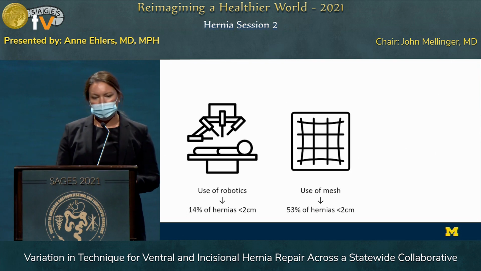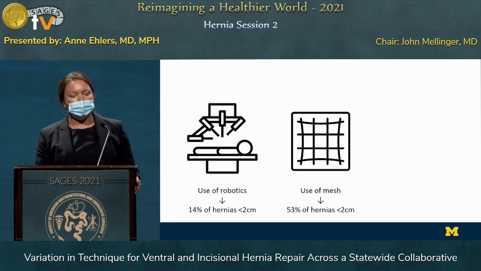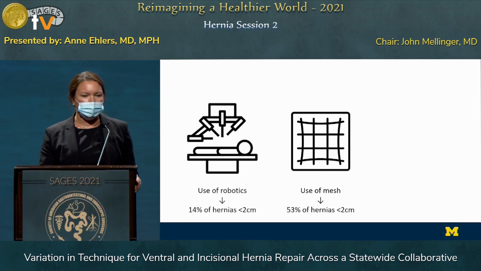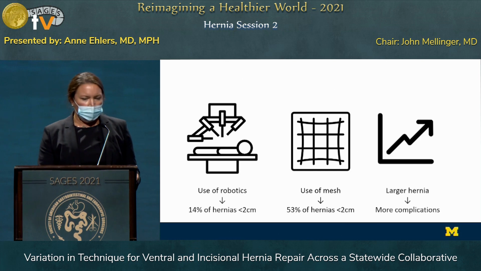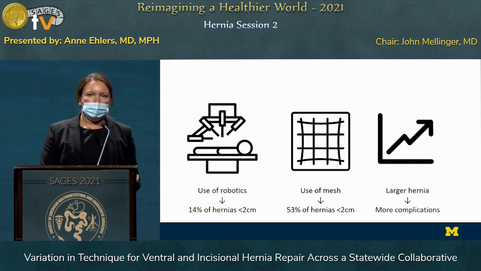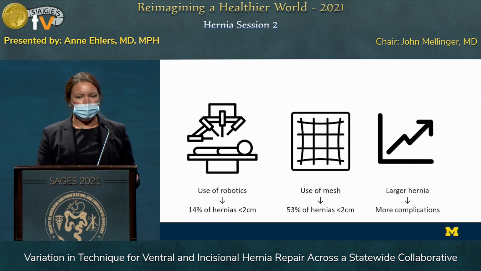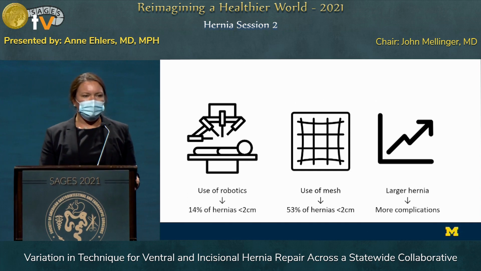Similarly, the 2-centimeter hernia, oddly, is a pretty controversial hernia, and it's pretty much a coin flip on whether you're going to get mesh for that type of hernia, and we know that there are significant short and long-term issues with mesh use. And then finally, not surprisingly, in the 30-day outcomes, we saw a pretty linear correlation between complications and hernia size, which may help us better preoperatively optimize and counsel our patients that have these larger, more complex hernias.